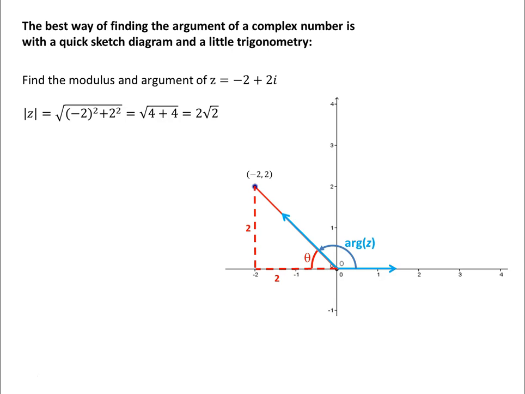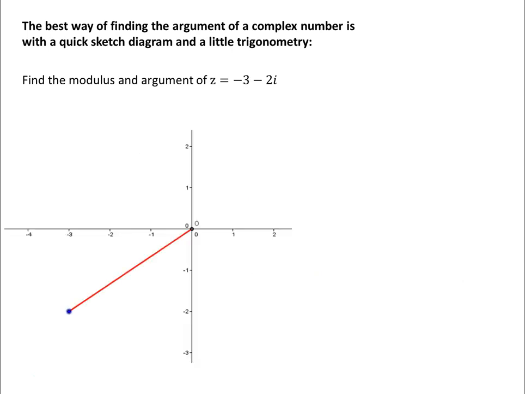And this triangle has got an opposite side of 2 and an adjacent side of 2. So we've got tan theta equals 2 over 2, or theta equals pi by 4, which means that the argument of z is pi minus pi by 4, which is 3 pi by 4.